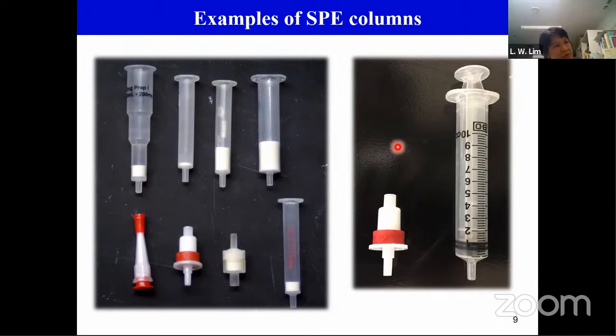So this one is for liquid phase. The disc will be sold depending on what kind of sample you want. You can see here, this is 0.45 microns, meaning that any particle larger than 0.45 microns, we can filter out.